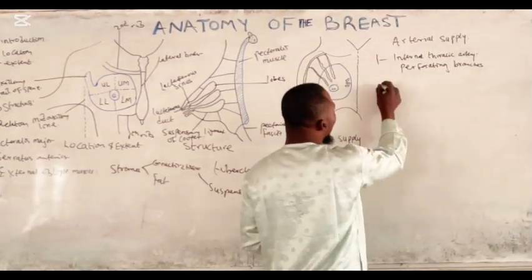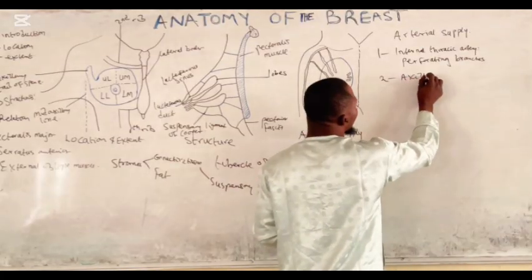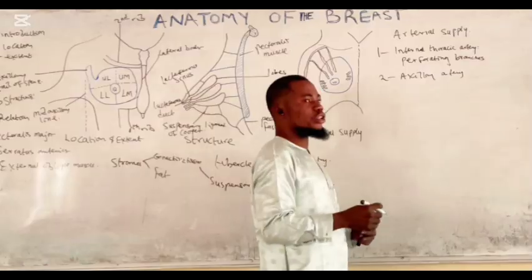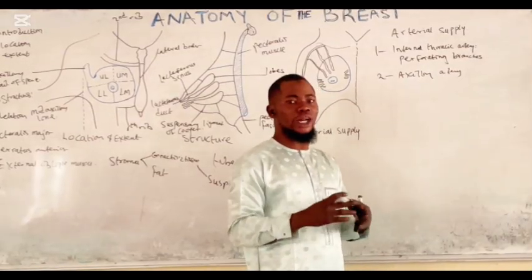It is also supplied by the axillary artery through its superior thoracic, lateral thoracic, and thoracoacromial branches.